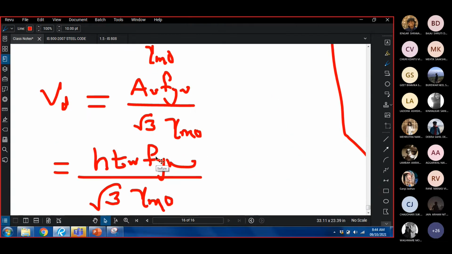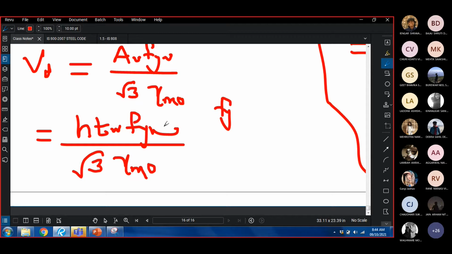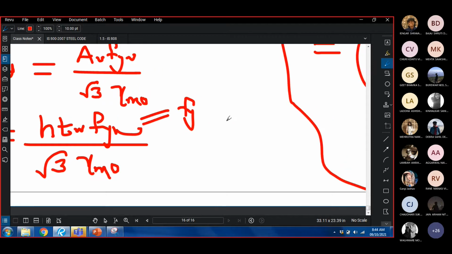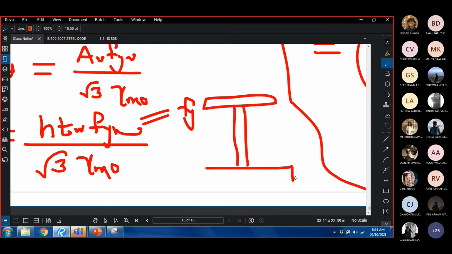So why are we saying FYW, and why are we not just writing Fy? If it's a hot rolled section, it does not matter. These two are equal. But sometimes in a built-up section, wherein there's a plate here, and then we connect a plate here, and a plate here, you could use a material here, say number 1, that is different from a material here, say number 2, in order to save some cost.